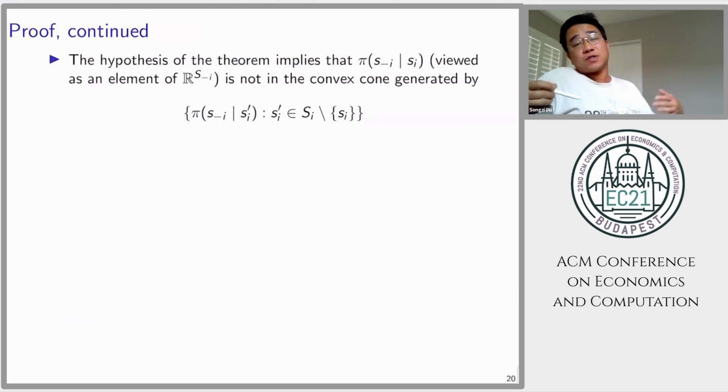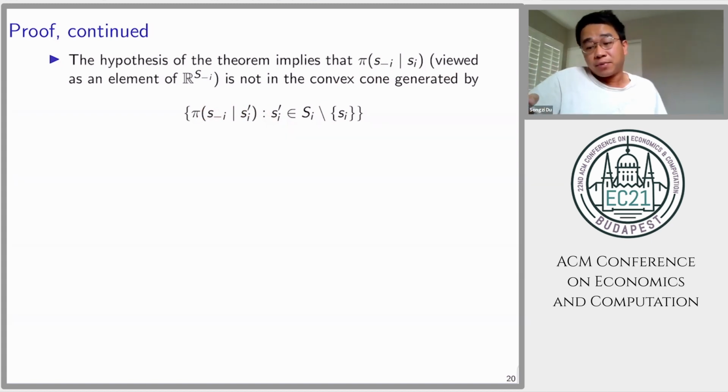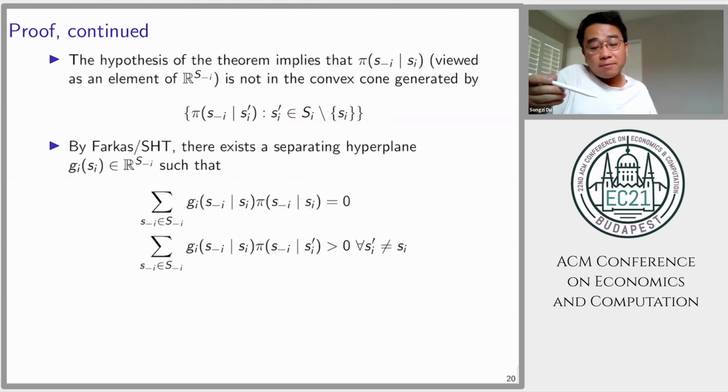This assumption that the interim belief does not lie in the positive span, or the convex cone, generated by the interim beliefs of other types will imply, by the Farkas lemma, that there exists a separating hyperplane Gi for every type Si. We think of this vector as being in the vector space over S minus i.